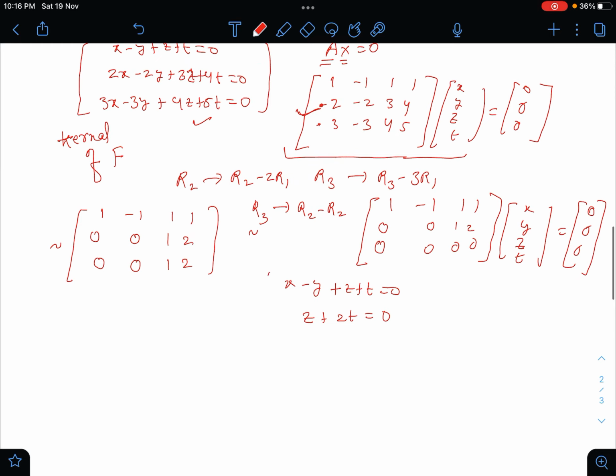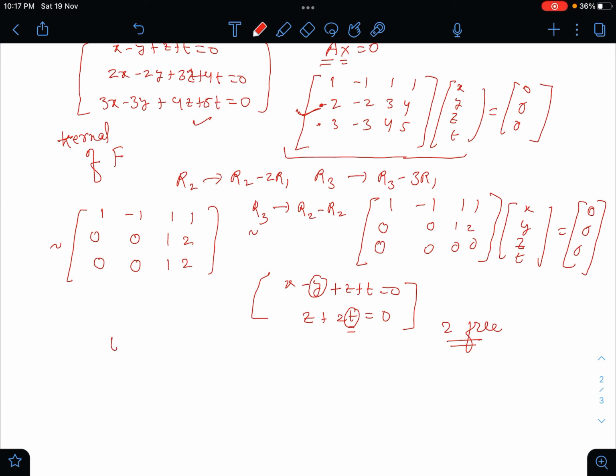Now we have two equations and four unknown variables. So out of these four unknown variables, two will be free variables. For free variables we can assign any value to get the other two variables. So let us choose t and y as free variables.